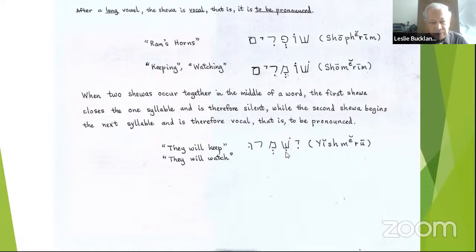It is silent. Okay, so when two shiwas, here are two shiwas, come together in the middle of a word, the first shiwa closes the one syllable and is therefore silent, that is, it is not to be pronounced, while the second shiwa begins the next syllable, me, and is therefore vocal, that is to be pronounced. So you have yish merim, yish meru.